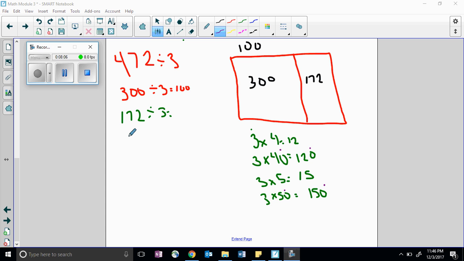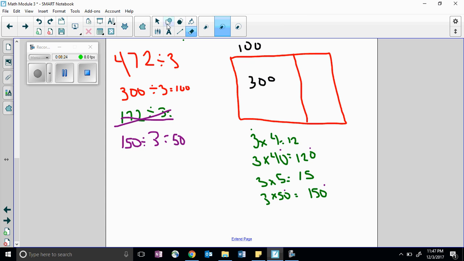So what we're going to do is say, okay, I don't need 172. I'm going to take 150 of that. I'm going to divide that by 3, and I know that gives me 50. And it's going to give you another big fat red line. It's going to say 150 here, and it's going to say 50 at the top.